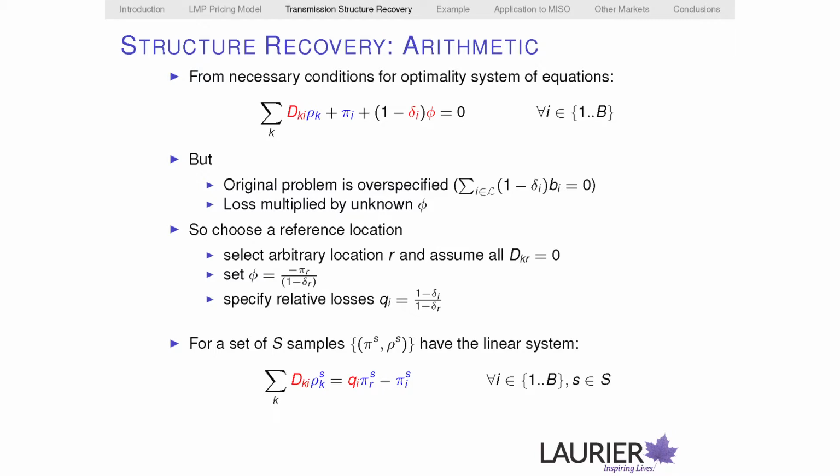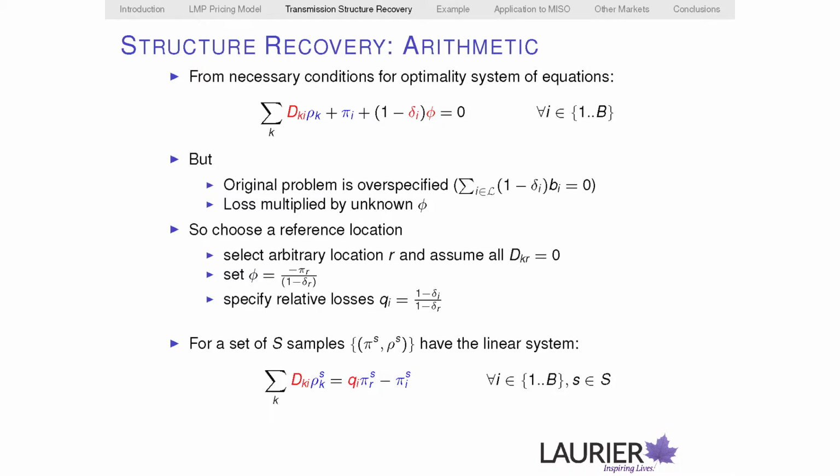That allows us to express phi as equal to the price at that location over its loss, and we can specify these relative loss parameters, Q_i, where the loss is relative to that reference location.